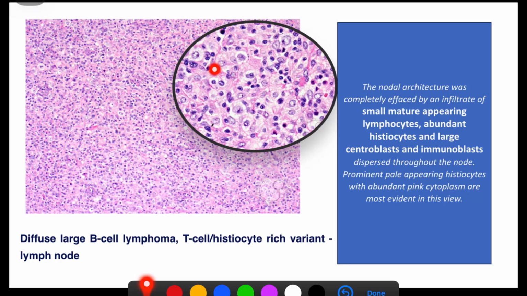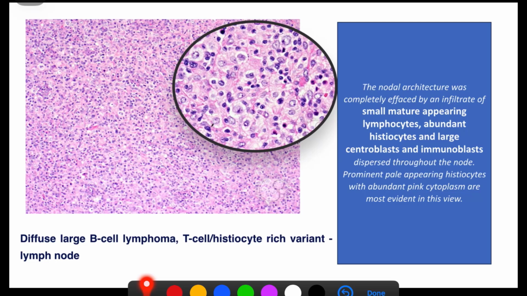In high power view you can identify these are the histiocytes, and some of the malignant looking cells we have to search for B cell type. So here you can identify small maturing lymphocytes, abundant histiocytes, and some large prominent nucleoli and centroblastic cells in this smear or section.